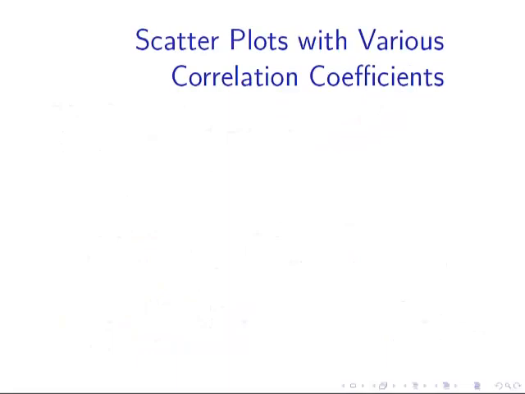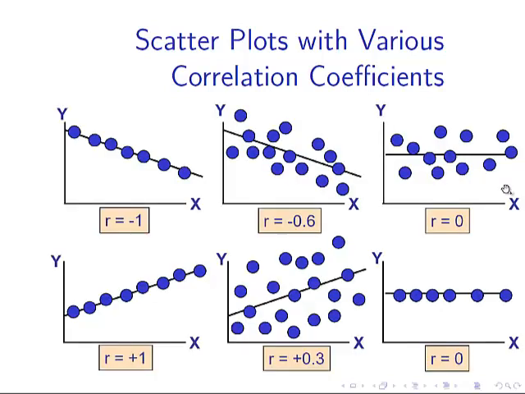Now consider the scatter plot with various correlation coefficients. It means that in the xy plane we will put the points given in the data and show the relationship between the structure of the points and the value of the correlation coefficient. Look at the first one.